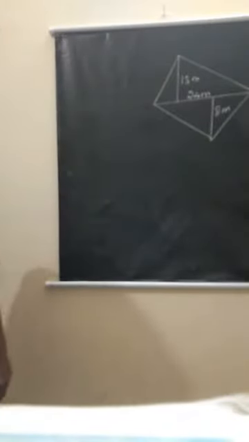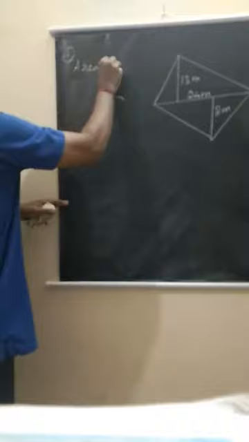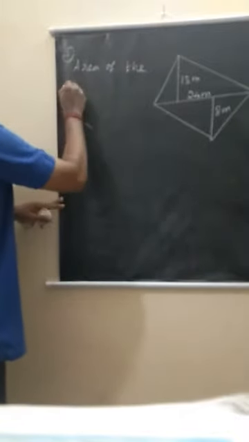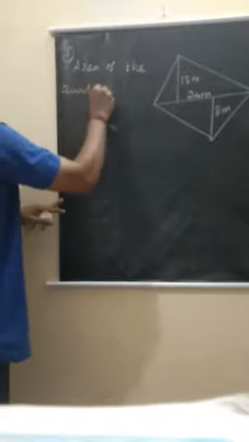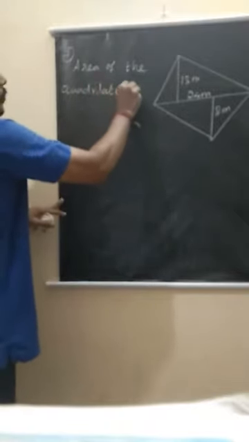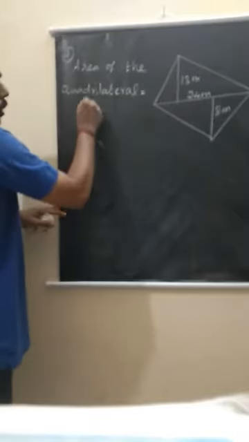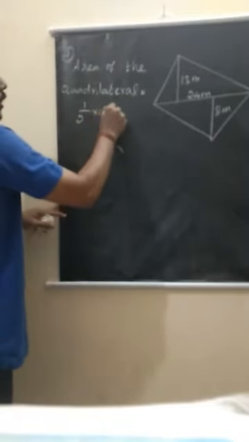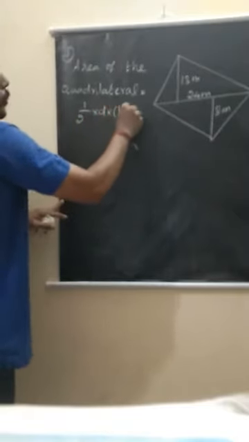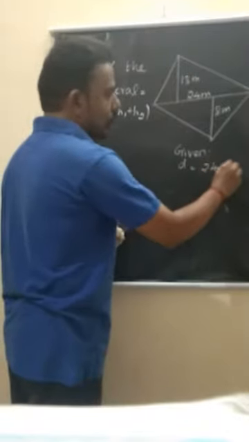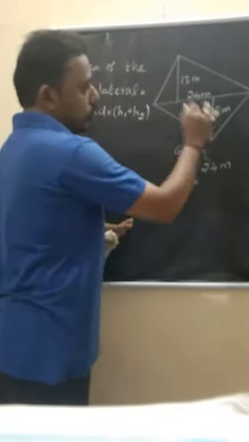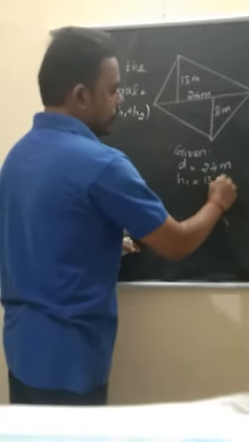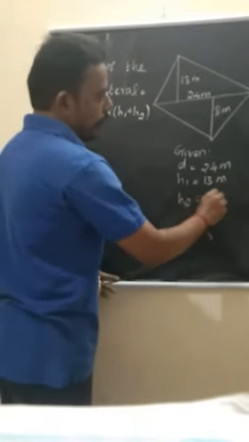Now the question is: area of the quadrilateral equals 1 by 2 into D into H1 plus H2. Therefore, given D equals 24 meter, H1 equals 13 meter and H2 equals 8 meter.